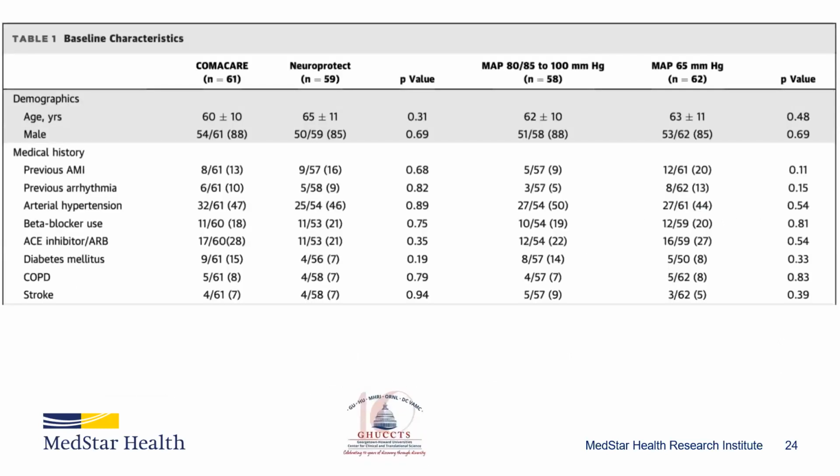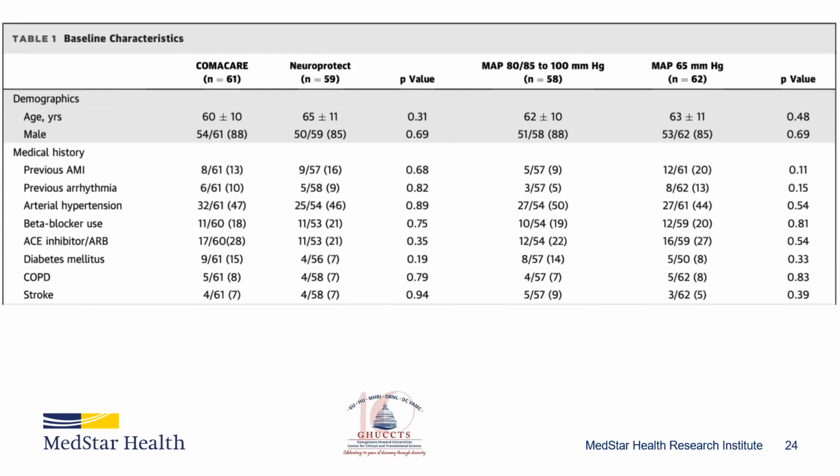So here's their table 1, which is typical of the tables you see of demographics and medical history. And they do two different ones here. The ones on the right are the primary interest, their categories of MAP, mean arterial pressure.